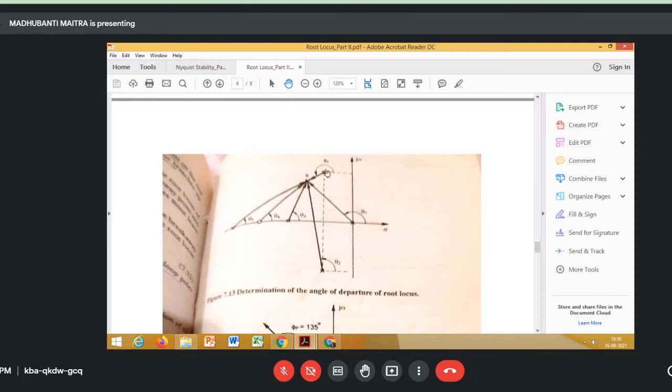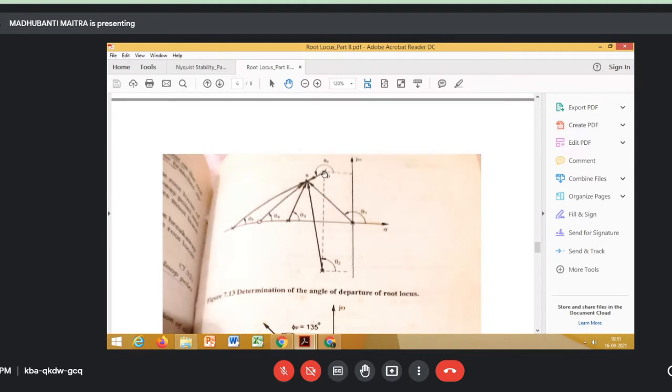But that is not the case for complex open loop poles or open loop zeros. From this particular open loop pole, the root branch can originate like this. Just follow the cursor. Obviously, the root branch which will originate from the conjugate pair will be symmetrical.